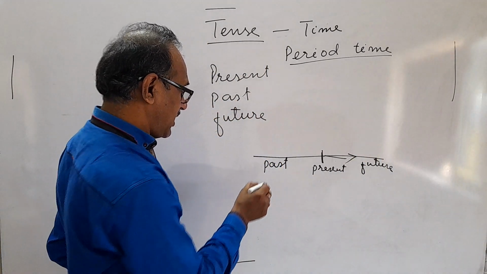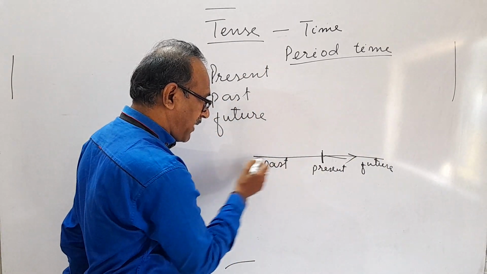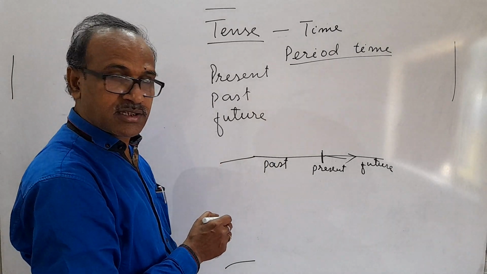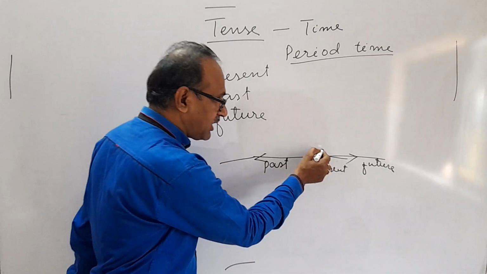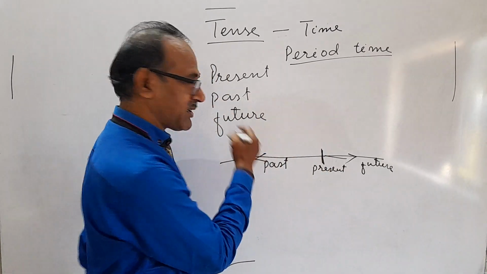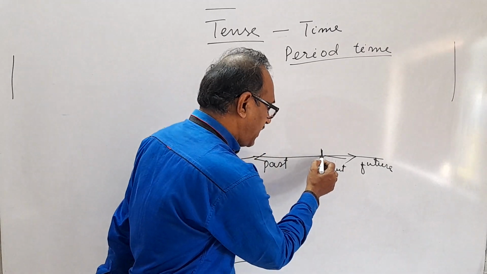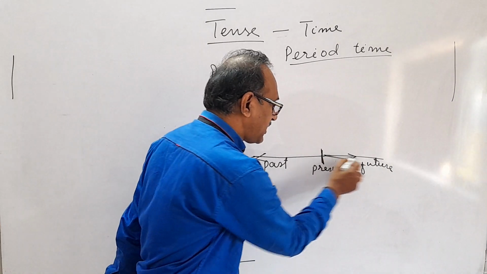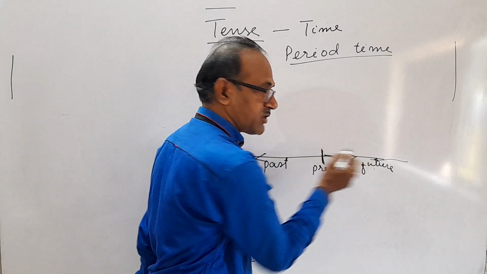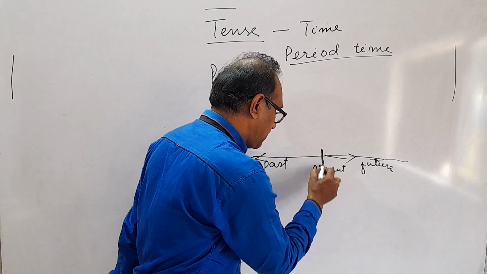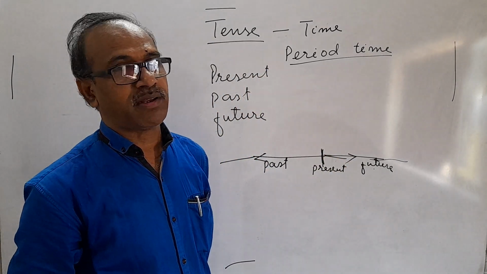Okay, so as you see, this past is unlimited for us. Where from we will start, but till this present is called past, and after present, whatever the time we have and we are talking about, that is called future, and this particular period is our present.